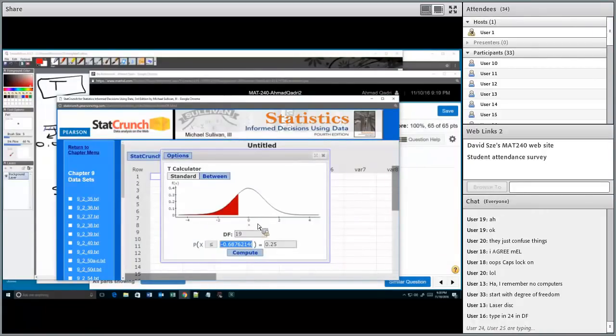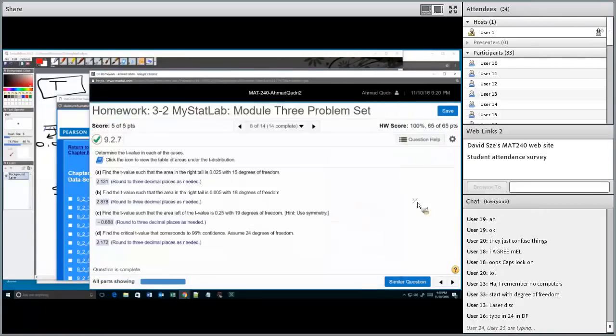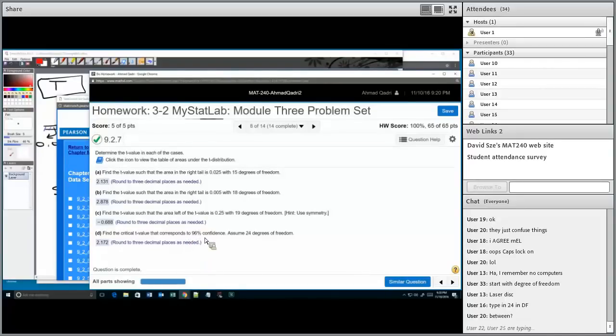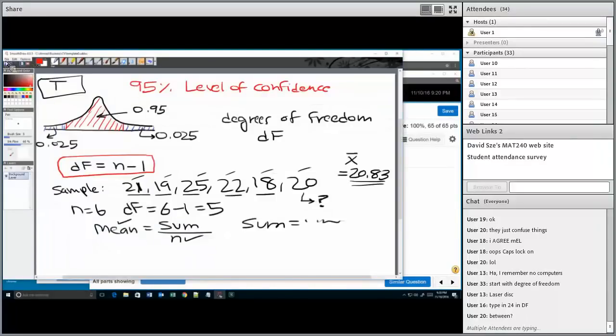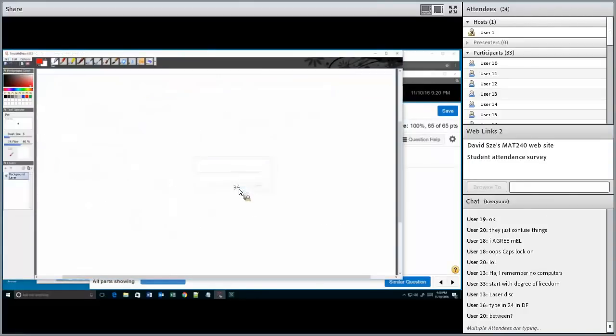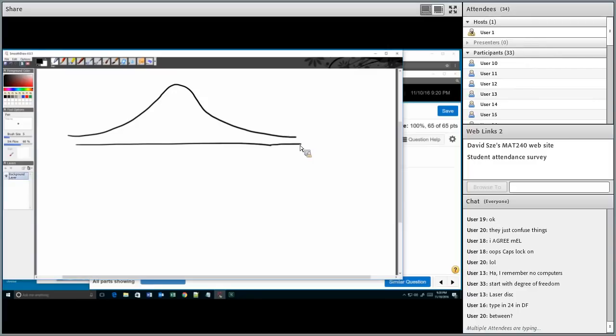Well, first of all, let's just make sure we understand the problem. The problem says we need 96% confidence. Okay. What does that mean? If I were to draw out the area, how would the area look like? That's my question to you. 96% confidence level.